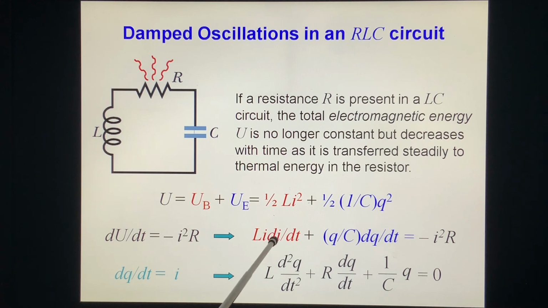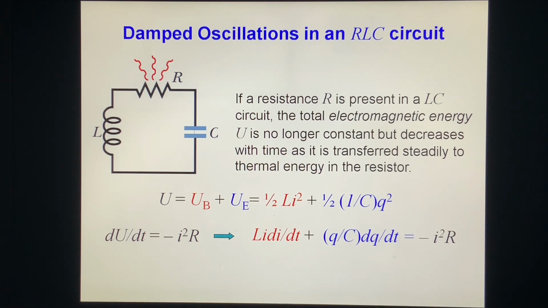L times the second derivative of Q with respect to time t. dq/dt equal to I. So you put I's here, and this one, I, we can cancel one I on both sides.